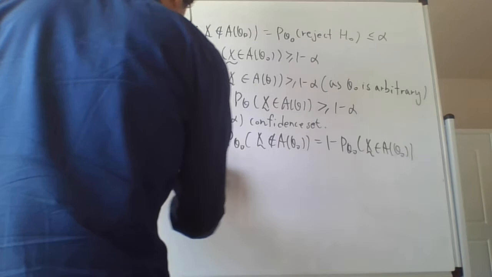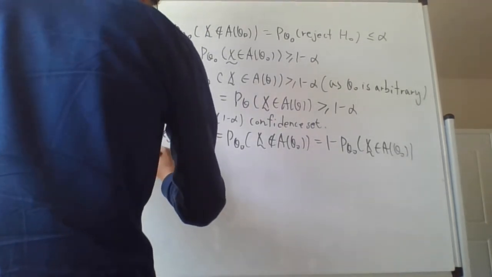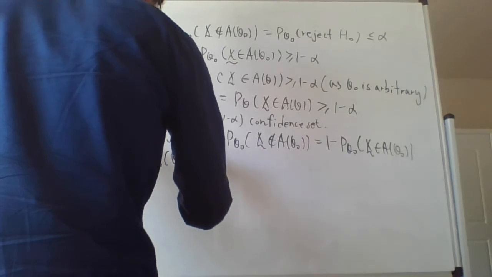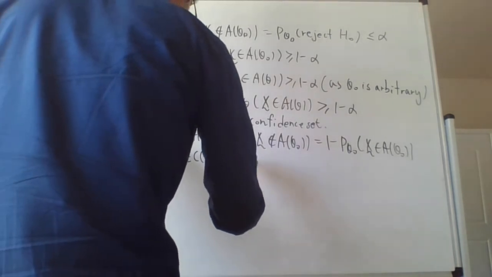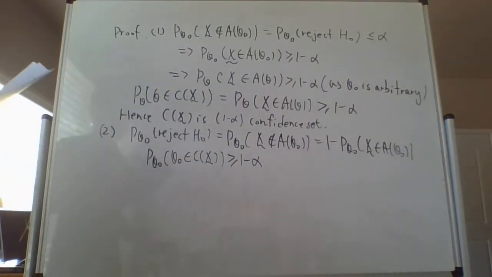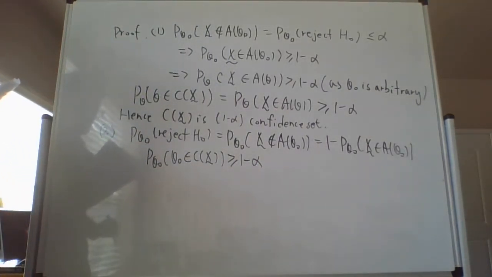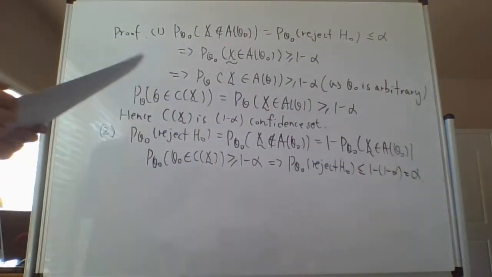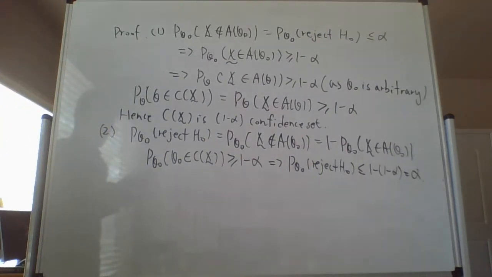Then by the definition of a 1 minus alpha confidence set, we have this result, so we can get the level alpha test.